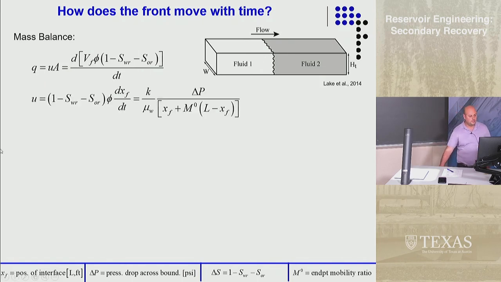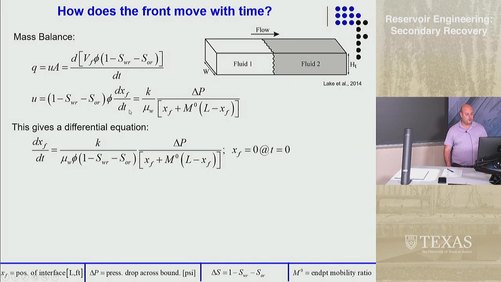Okay, U is Darcy's law, Q is the flow rate. The area is constant, you can pull that out and it cancels with A. And then the porosity and the residual water saturation and residual oil saturation are constant, so they can come out. So then you're left with this differential equation, which looks like this.